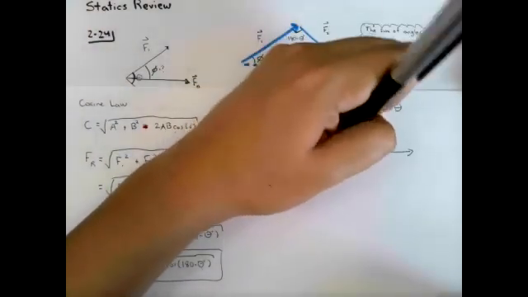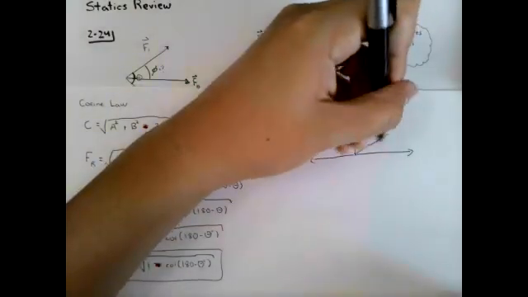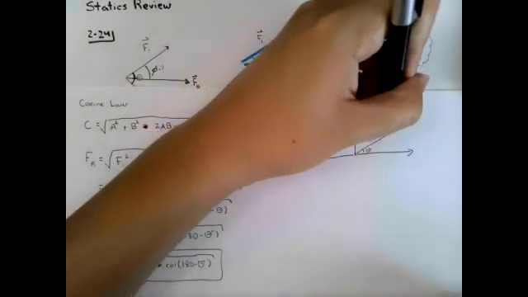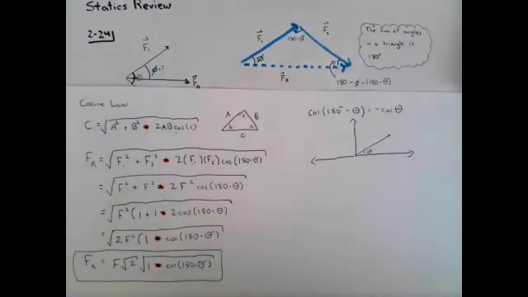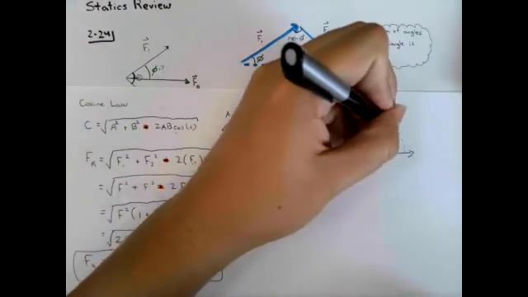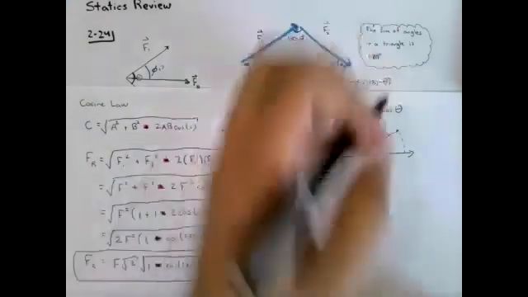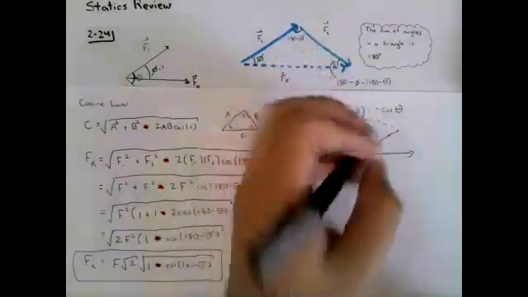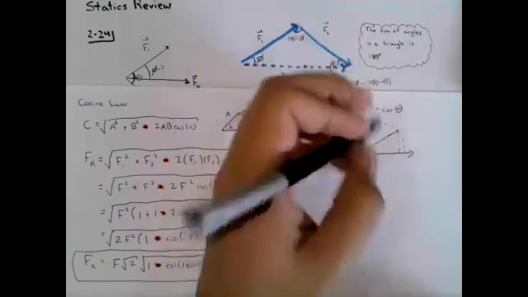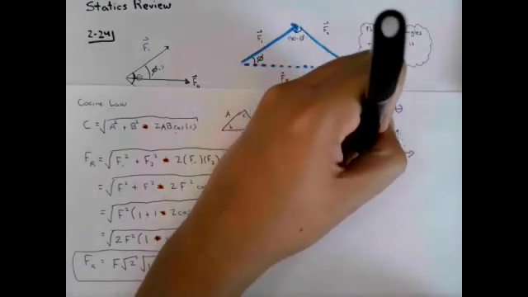our XY plane in our unit circle, and let's say we have an angle theta. So we have our angle theta. I'm going to try to draw my unit circle here. We have my angle theta, and this length is simply the cosine of theta.